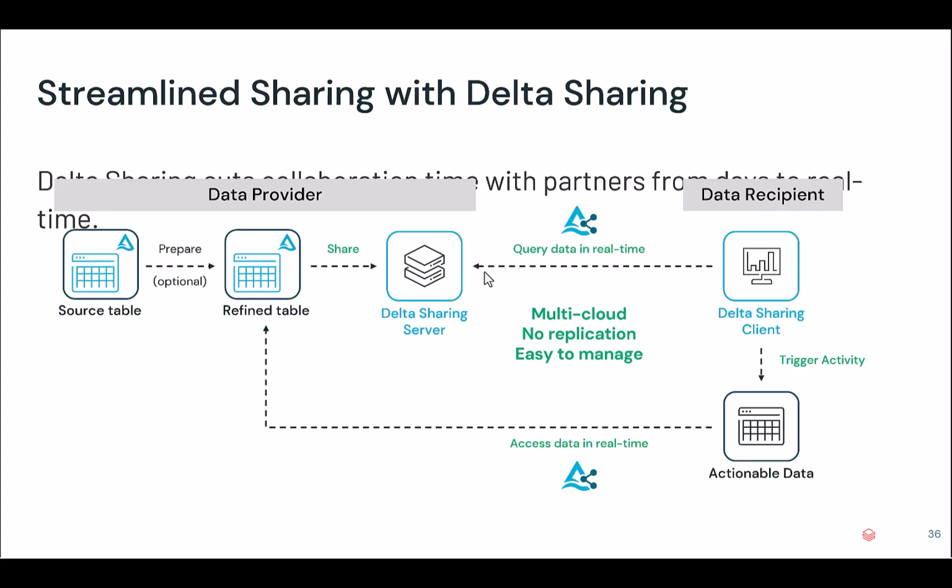Some specific set of data, right? Some subset of data. And that gets published through the Delta sharing server, right? So it might be based on the queries and whatnot. It keeps on incrementing based on changes, and the client can keep on reading the data that is changing, right? And whatnot.